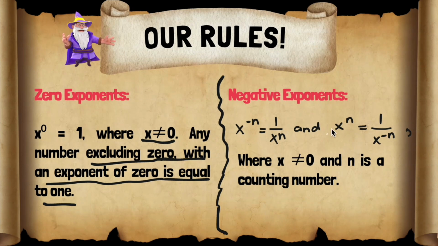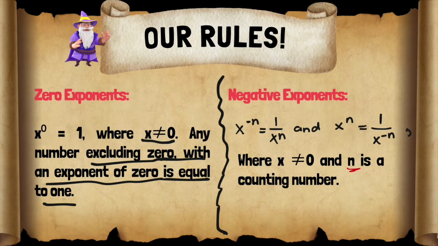On the other hand, if the exponent is positive, we can write x raised to n as 1 over x raised to negative n. Below, it became negative. The opposite happens. So x here also cannot be 0, and n must be a counting number.